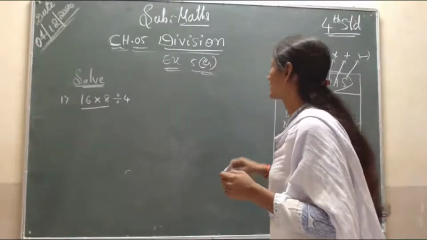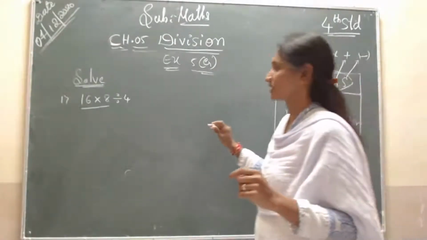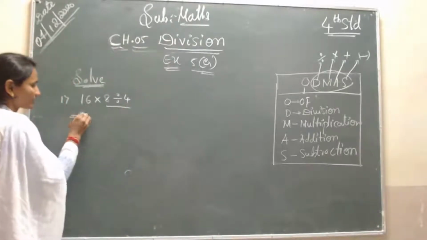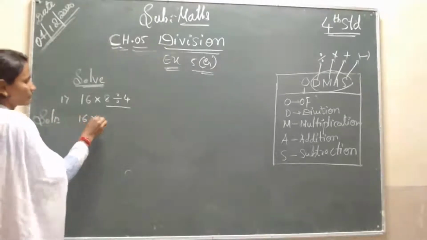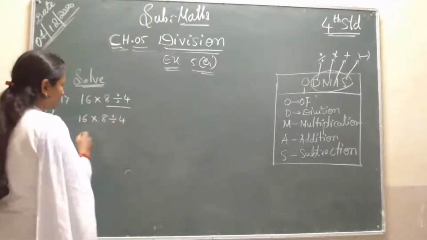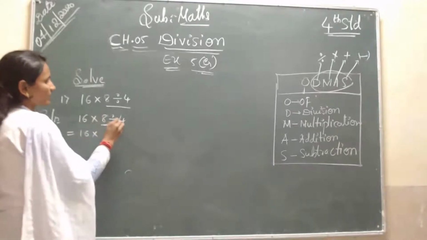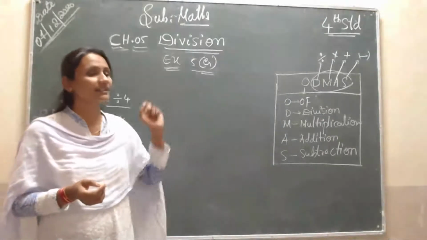So students, can you observe here? Of is not given. What is the first symbol? Division. Yes. First you do the two numbers with division. So the first step, write 16 into 8 divided 4. First, what is the first symbol? That is the division.